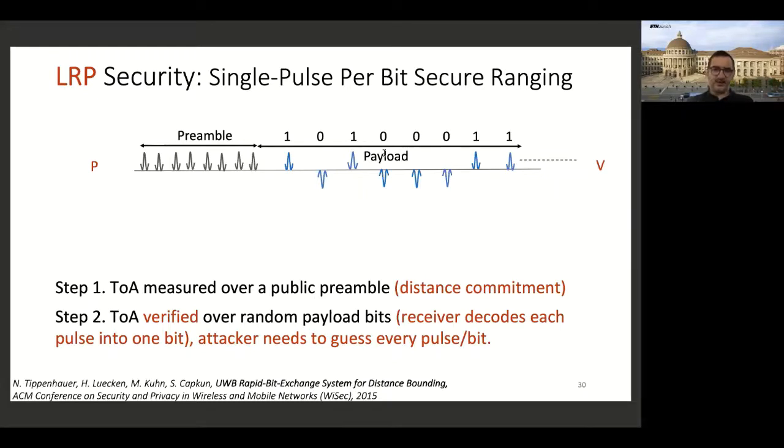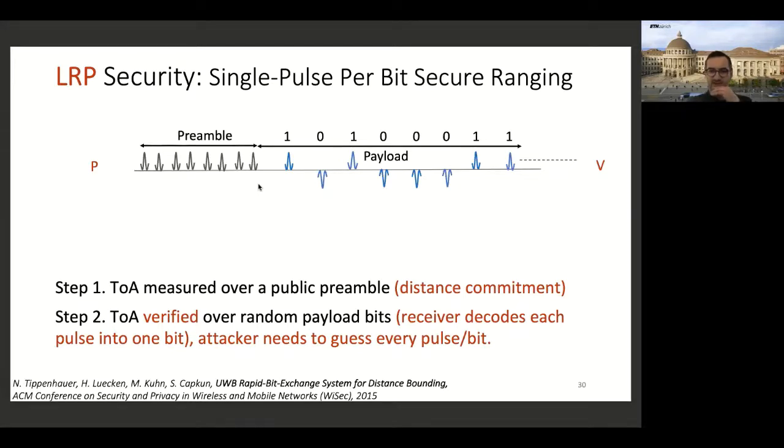This is the message that is sent from one legitimate party to another, and the receiver is going to measure the time of arrival over the preamble, and then, after it synchronizes with that preamble, it's going to start decoding individual pulses into bits.